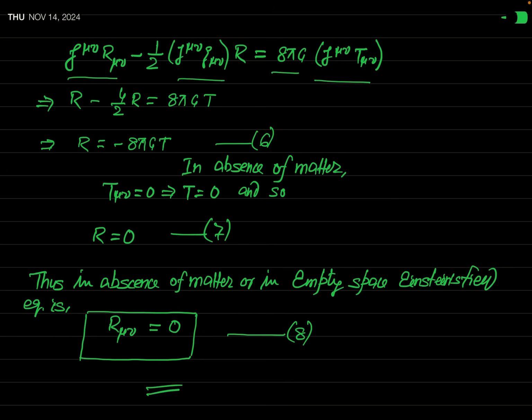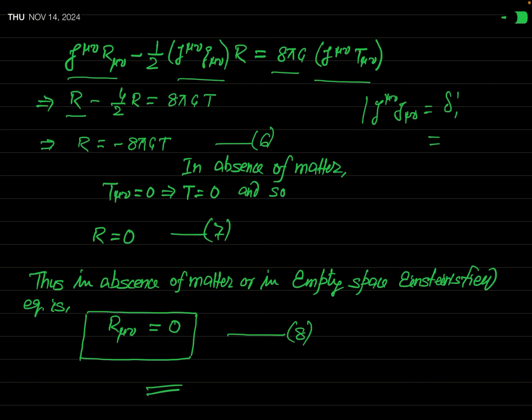Now you know the product of this R mu nu with this G mu nu will give us simply R. This is a scalar. And here the product of these two fundamental tensors is in fact equal to delta 1 1.